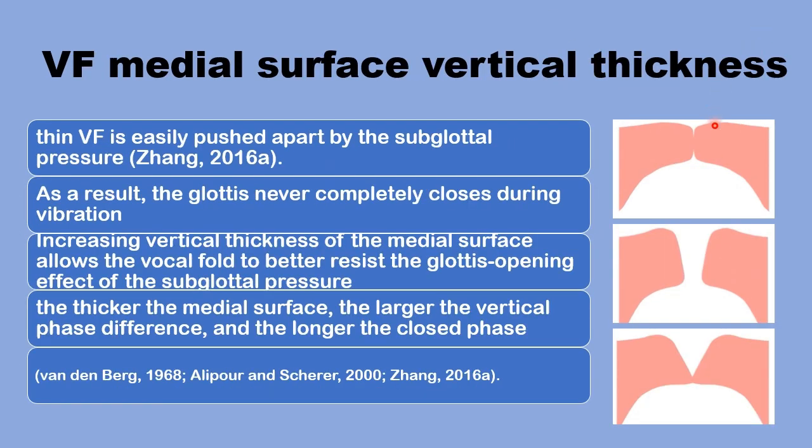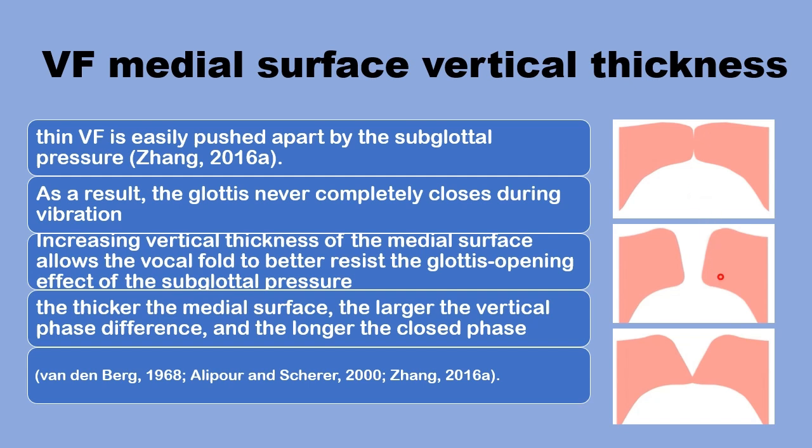When the medial ends of the adducted vocal folds are thin, they can be easily pushed apart by the subglottal pressure. As a result, the glottis may never completely close during vibration, producing a weak and breathy voice.